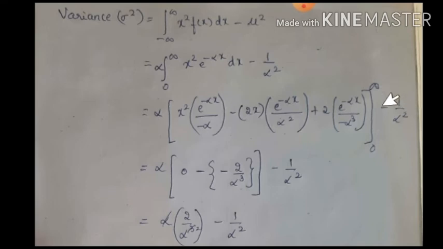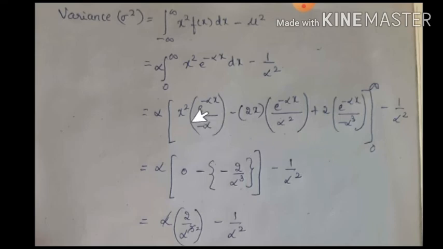When you apply upper limit, e to the power of minus term is there in all the three terms. Hence, when you apply upper limit infinity, all terms become 0. So upper limit answer is 0. Before applying lower limit, take minus, then apply lower limit 0.